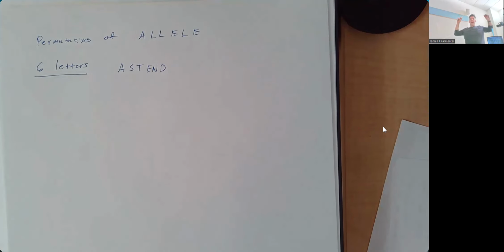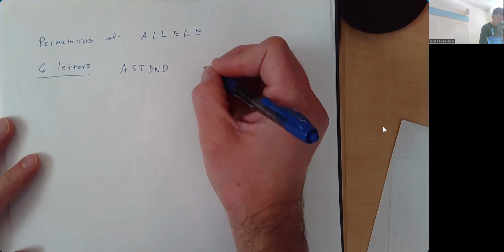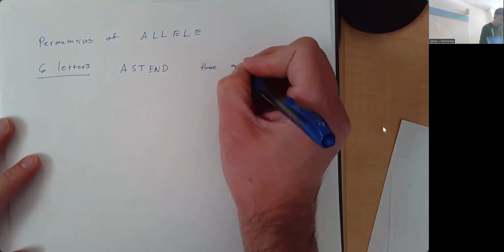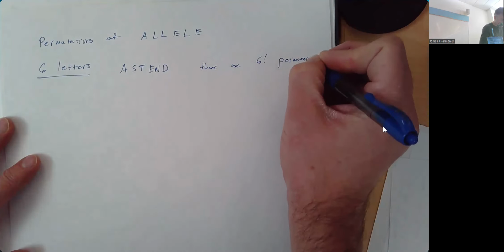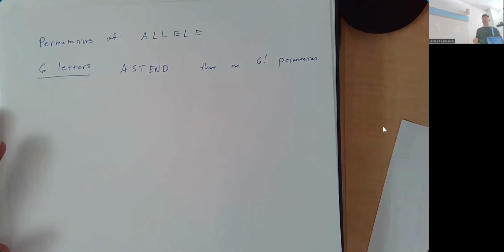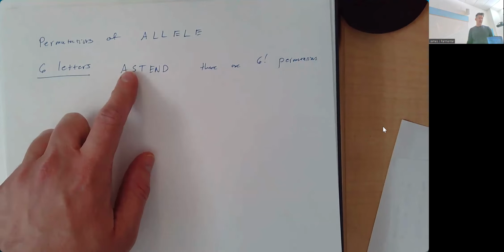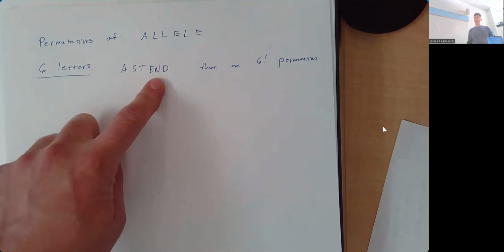When people say a word in math, they mean an arrangement of letters that might be a real word in English or another language or not, but they just mean an arrangement of letters. So here's a 6-letter word, and for this one, there are 6 factorial permutations. There are 6 factorial ways of reordering these and getting a different thing every time. There are 6 choices for the first spot, 5 for the second, 4, 3, 2, 1.